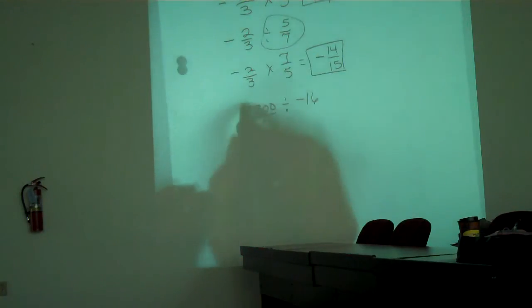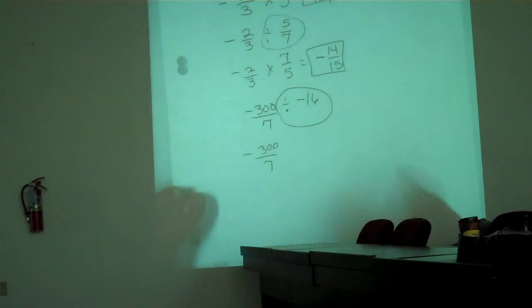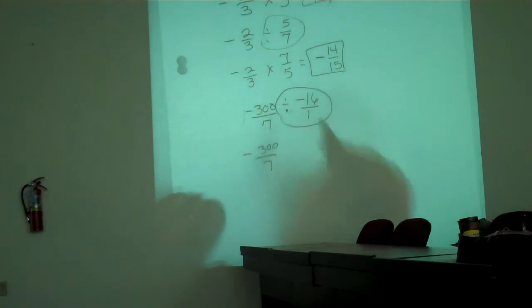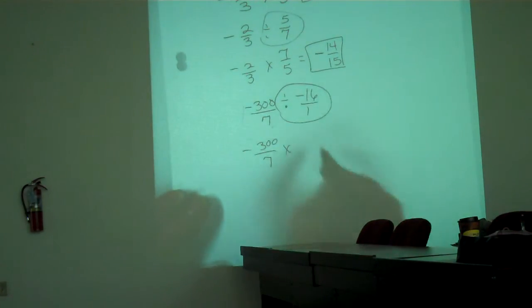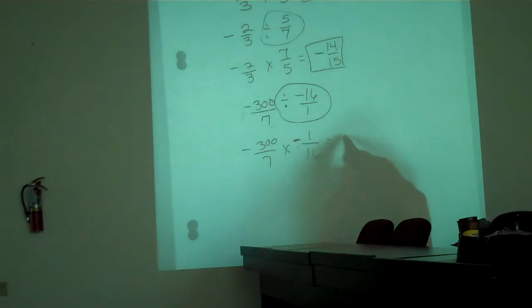Okay, this part, leave it like it is. And flip this one over. This was over 1, so what is it again? Negative 1/16. Keep the sign with it. Okay, negative divided by negative, times the negative? Positive. Your answer is positive.